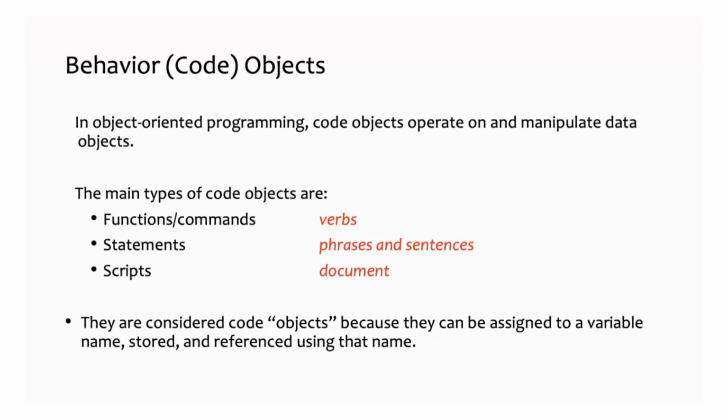And through that assignment, when we call the name of that function, statement, or script, those operations will be performed. So it's sort of another way of saving and referring to information in the context of manipulating data.